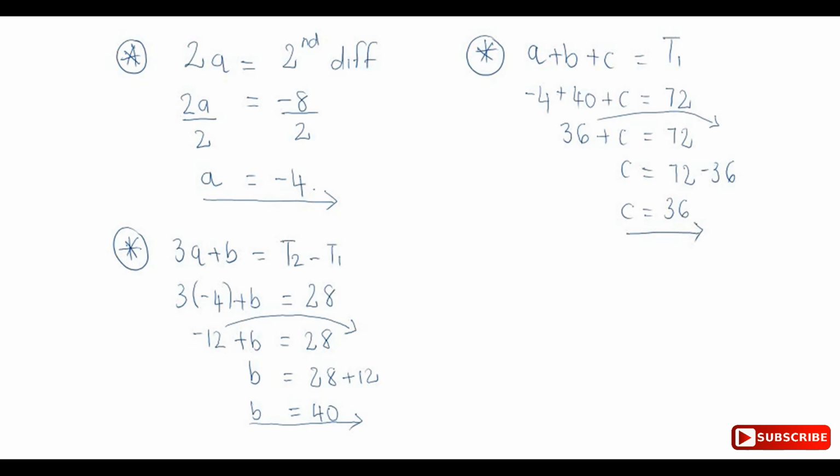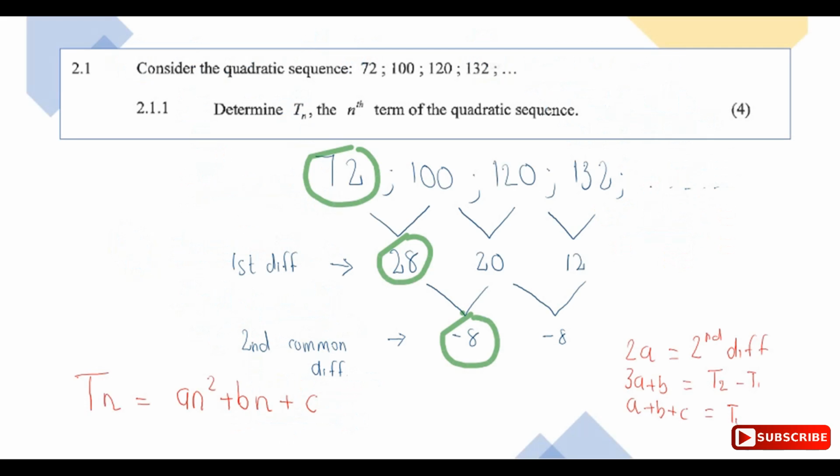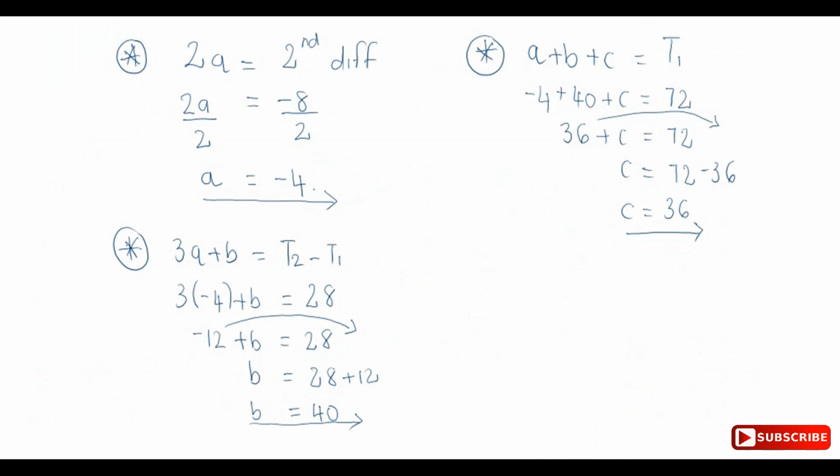So from here, guys, we simply take the value of A, the value of B, and the value of C, and we are going to substitute it into this formula to get the formula of the nth term of our quadratic sequence. So let us do that. We said that the general formula is Tn equals an squared plus bn plus c.